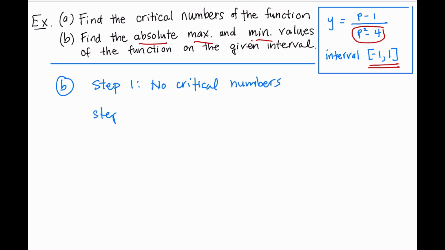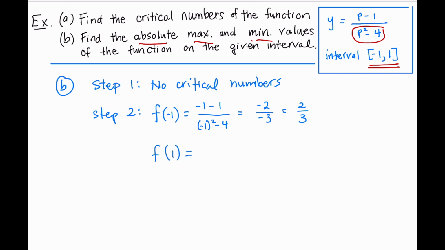In step 2 of the closed interval method, we will plug in the endpoints. So f of -1, we plug that into the function. This gives me -2 over -3, which is 2/3. I'm also going to plug in f of 1.